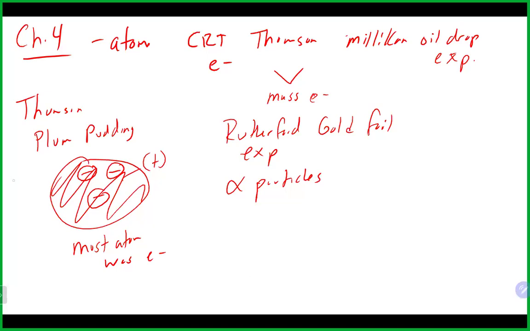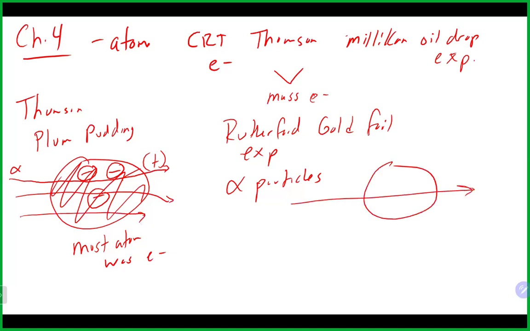What he expected to happen was, because the alpha particles are positively charged, he expected them to kind of go through with a little bit of deflection here. And he was surprised, right, that pretty much most of them sail through with no problem. And then every so often there would be these alpha particles that would be scattered at these large angles.